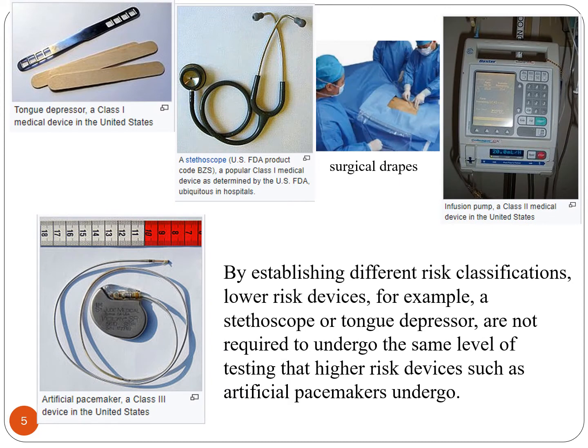For example, a tongue depressor is a class 1 medical device in the United States. A stethoscope, according to the US FDA, is also a class 1 medical device.